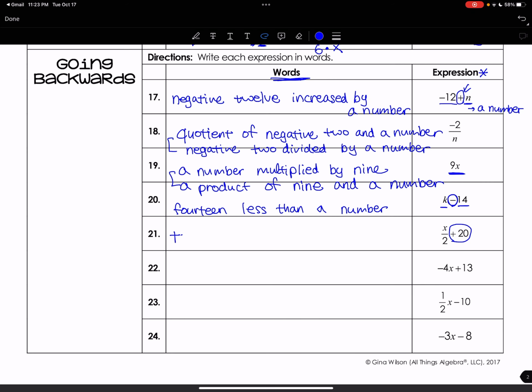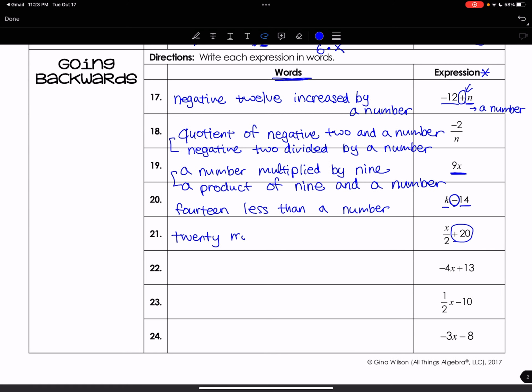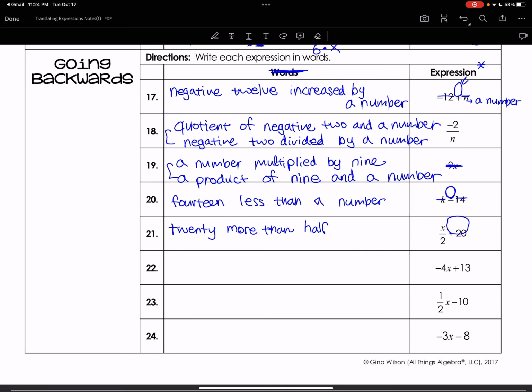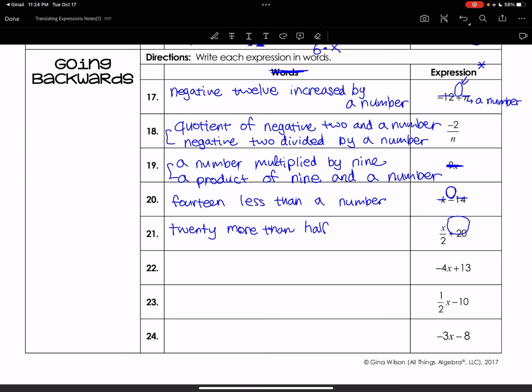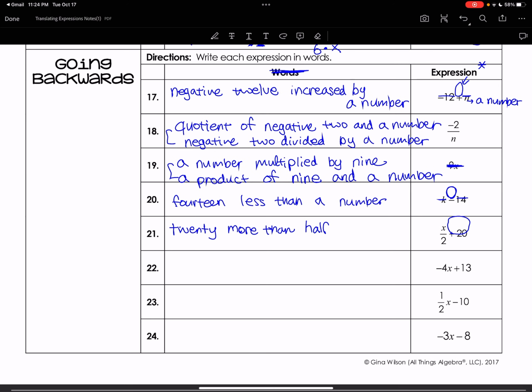And then the next one, I'm going to use, again, a turnaround expression. So 20 more than half of a number. Half of a number. Oops, sorry. Yeah, I moved a little bit. So half of a number.